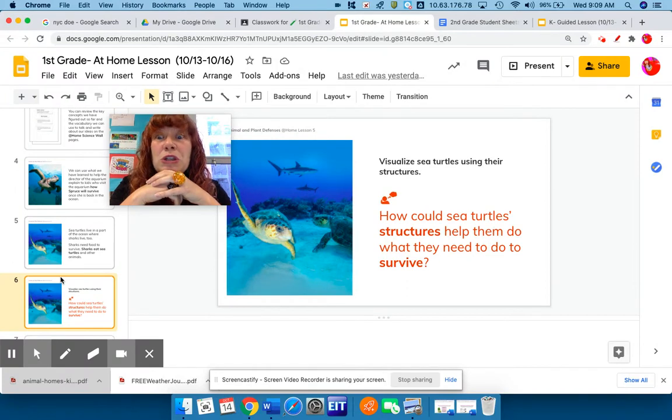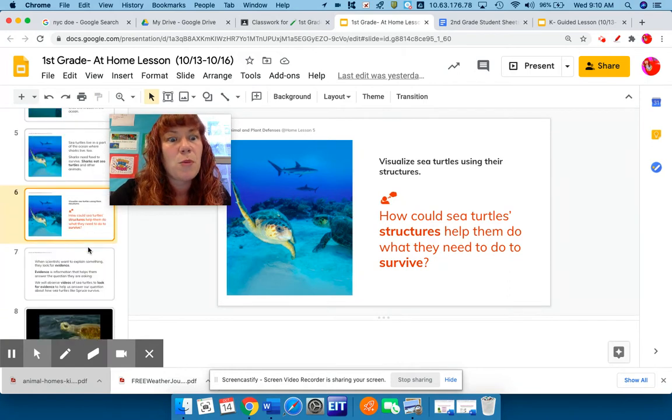How could her structures help her to do what she needs to do to survive? Yeah, she can use her mouth to eat and breathe, her flippers to swim, her shell to stay safe, her nostrils to also take in air. She has to swim to the surface to get her air. There are so many structures on her body that help her.